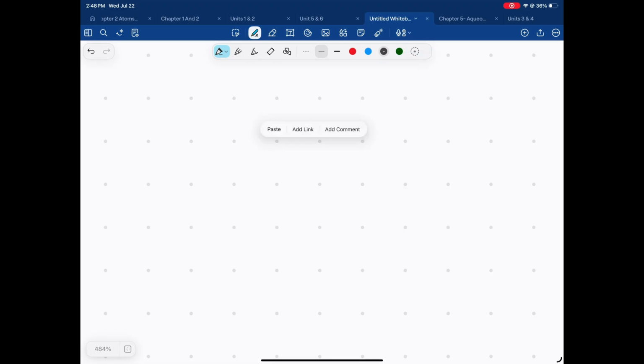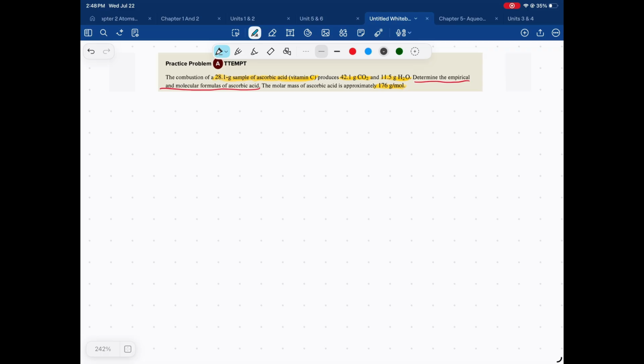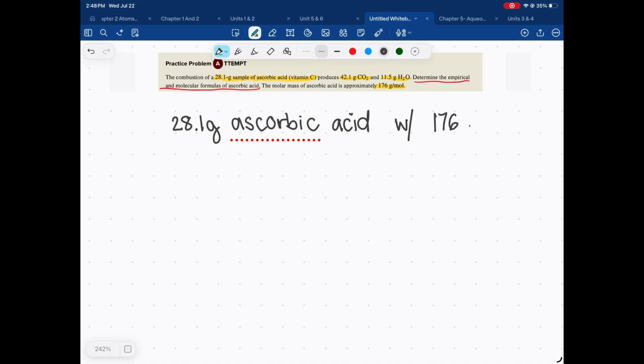And we're gonna open up my digital whiteboard, and all right, so let's go ahead and write out the information again, just so I have something I can refer back to. So we have 28.1 grams of ascorbic acid with 176 grams per mole for the molar mass.